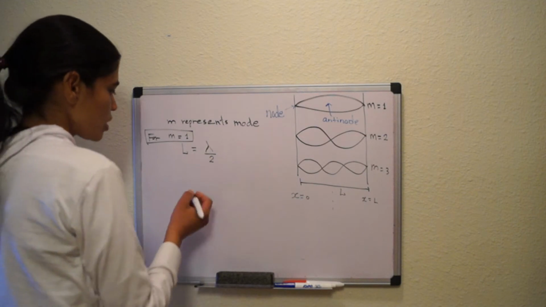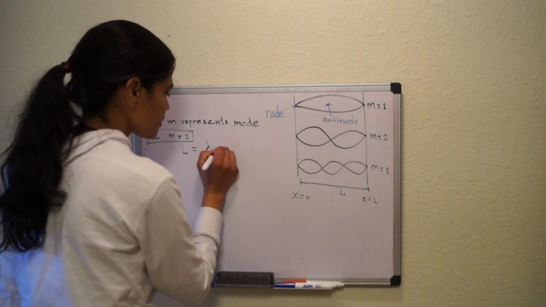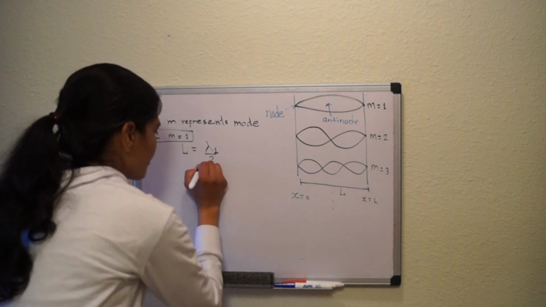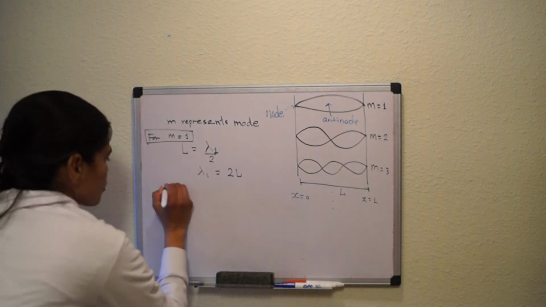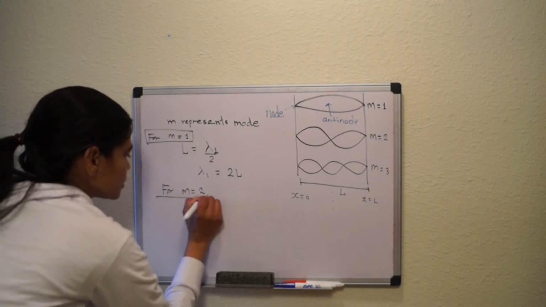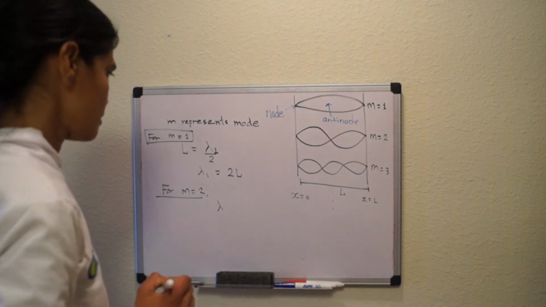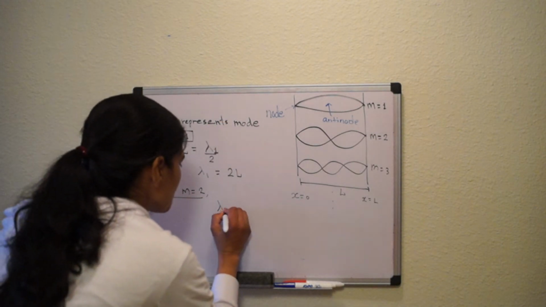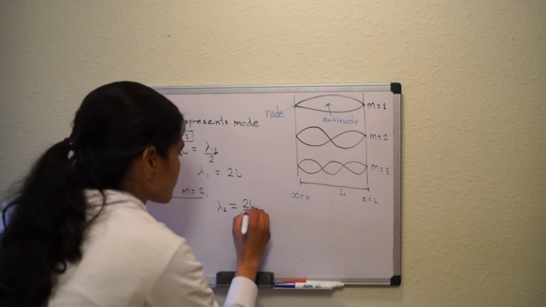Okay. So let's write this down. Since this is for m equal to 1, let's write wavelength lambda 1 here. Is that okay? All right. So which means lambda 1 is equal to 2 times L, okay? For m equal to 2, we can write lambda 2 equal to 2L divided by 2.